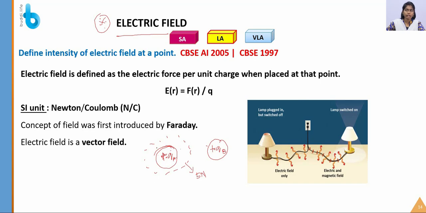This electric field is defined as the electric force per unit charge when placed at that point. So how much electric field there is, is calculated by the electric force per unit charge when placed at that point, and is termed as E vector, which is equal to the limit q naught tends to 0, of F vector divided by q naught.